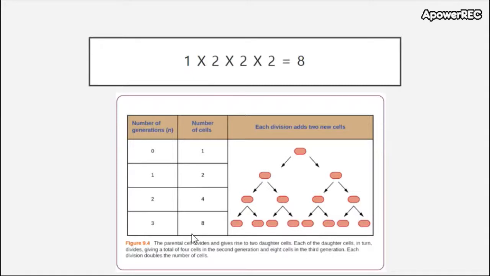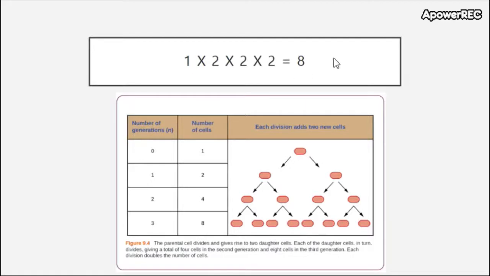So in our answer, we had 8 cells after 3 generations. That's because we take our founding cell, which is 1, and multiply it by 2 for each generation. So times 2, times 2, times 2, and our final number of cells is 8. And we can extend this out as long as we want to.